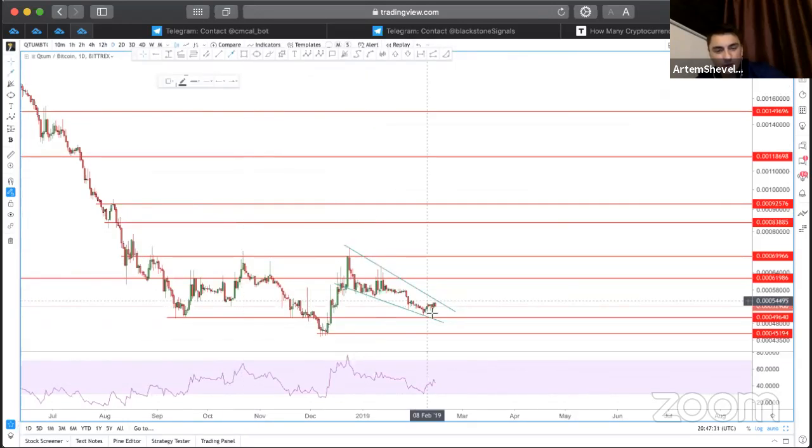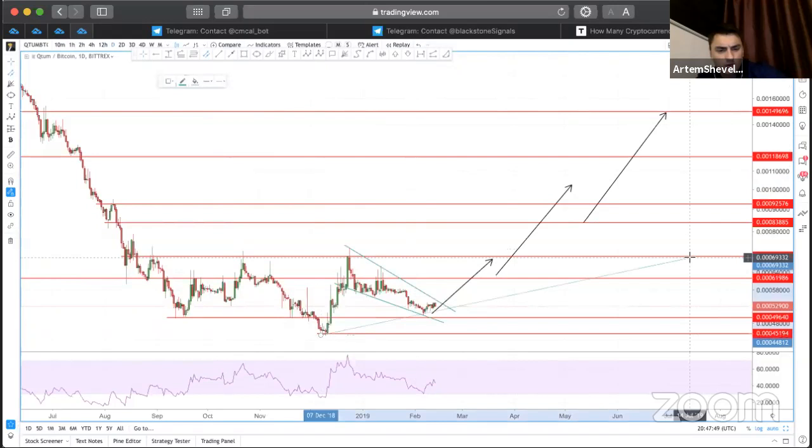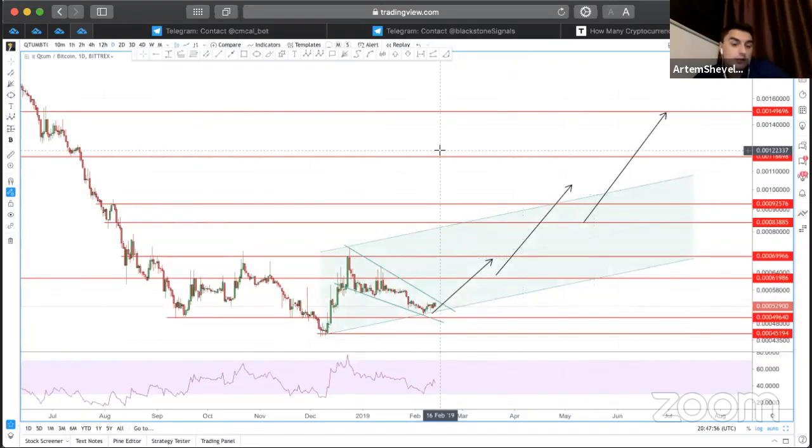After some sideways, it goes up, up, and up. So from QTUM, I can expect the breakout from the 70,000 level will be a very, very strong indicator that the market is bullish.